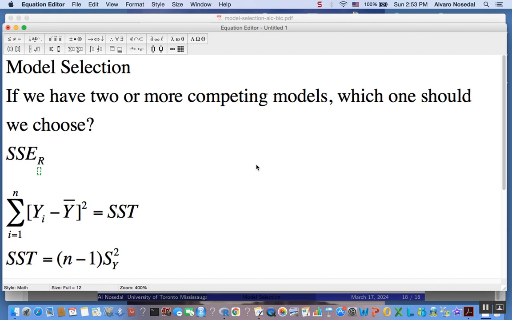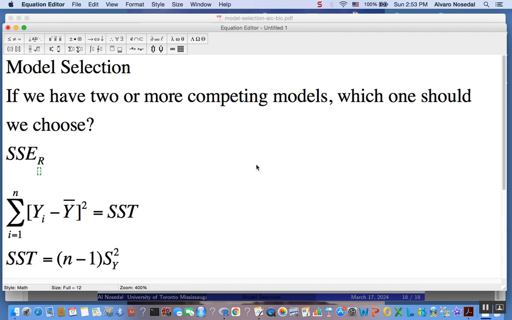Using likelihood ratio tests, the models that you're comparing don't necessarily have to be nested. But what they don't necessarily take into account is the number of parameters in your model. Makes sense?